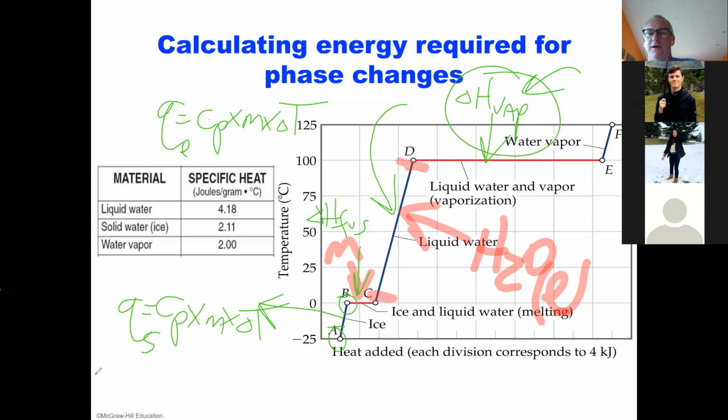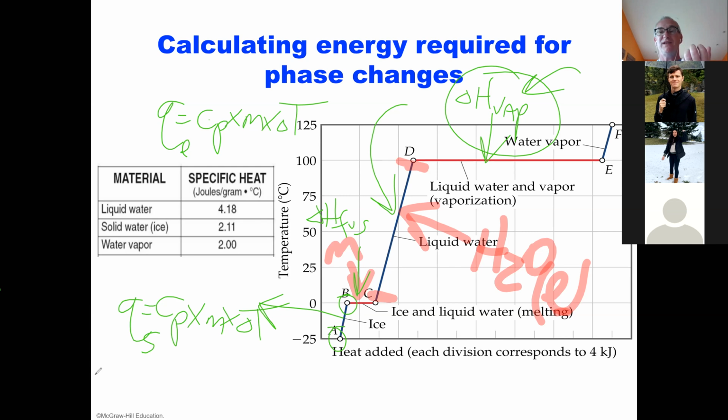No, no. How come? Because the specific heat for solid water is 2.11. Right, it's different. It's a different substance. It's water, yeah, but it's not the same substance. It's solid now.